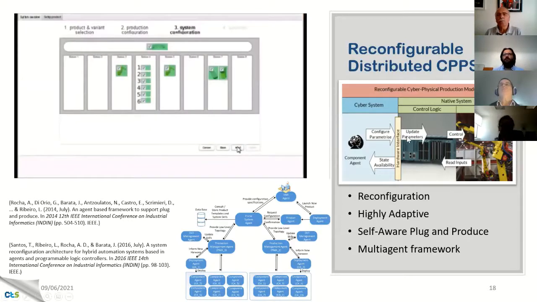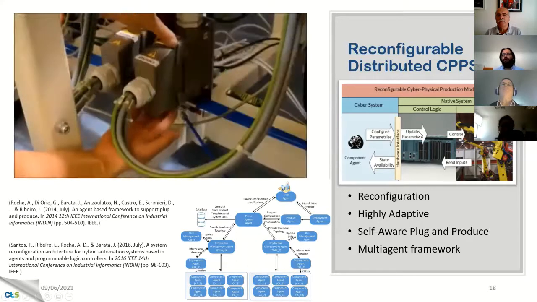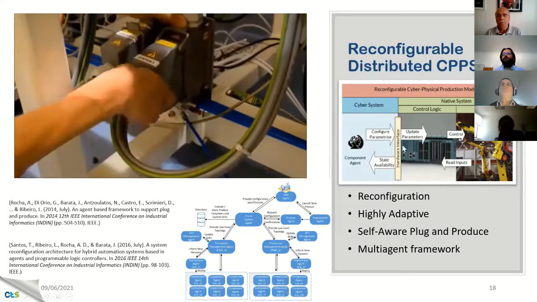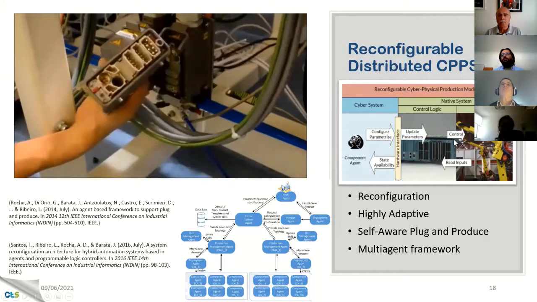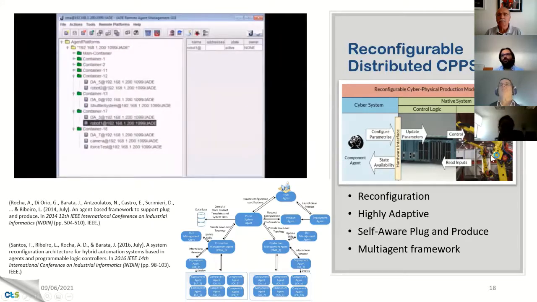As we have here in this figure, the idea is the agent will communicate using a standard interface with the PLC, just to change some parameters that will change the behavior of each resource.